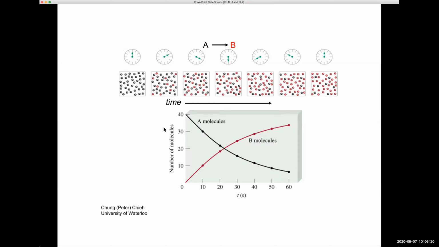Now, in this case, we're measuring the number of molecules over time, but there are other values we can measure when we're doing chemical reactions. Typically, it's concentration. So as we go through this chapter, you're going to see lots of graphs. And usually it's going to be the concentration of the reactant over time. And in a chemical reaction, if a reaction occurs, the reactants always go down, right?